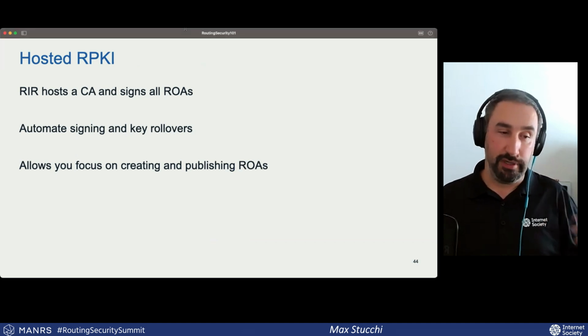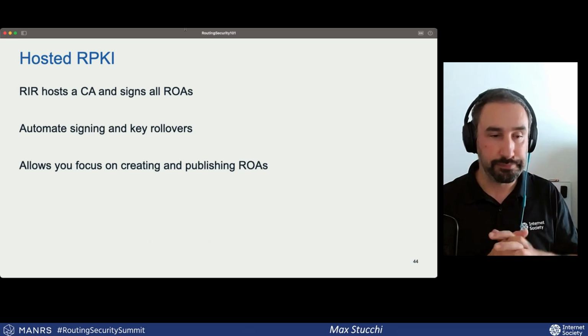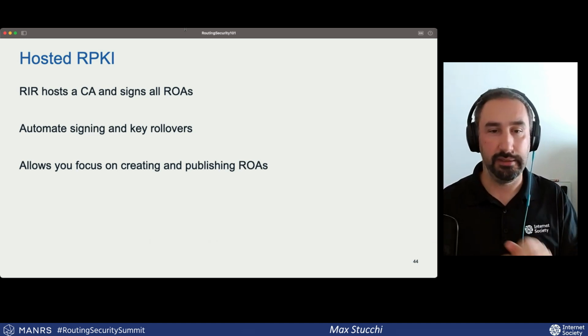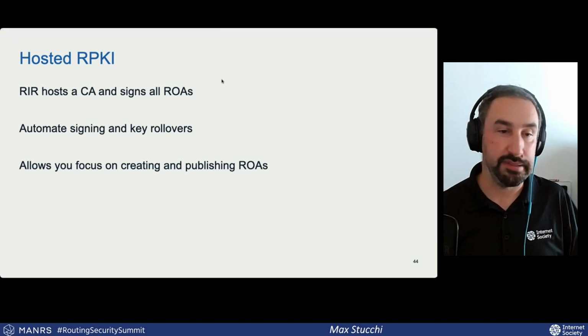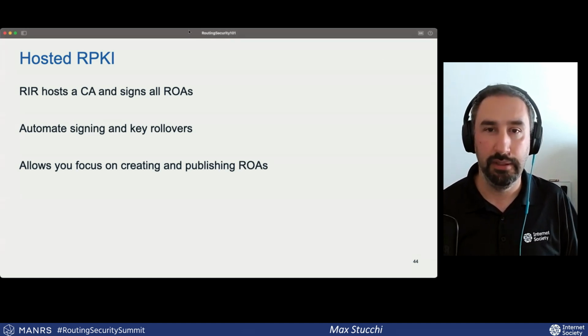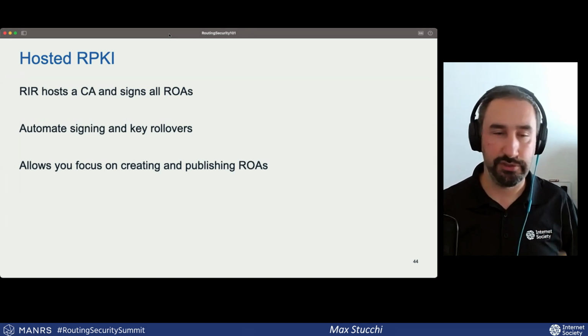You have two ways of running RPKI. One is hosted, where the RIR does all the work for you. Especially the RIPE NCC has full automation for this. So you just go in, push a button, and then you can just create your ROAs.